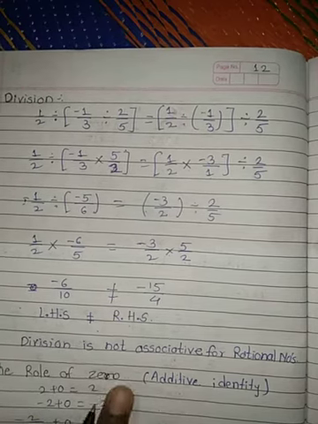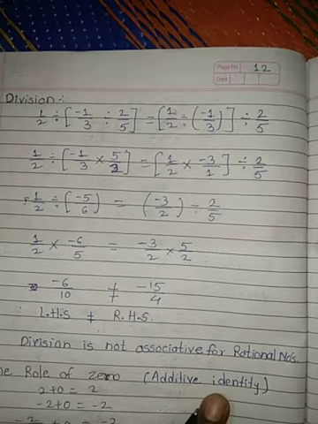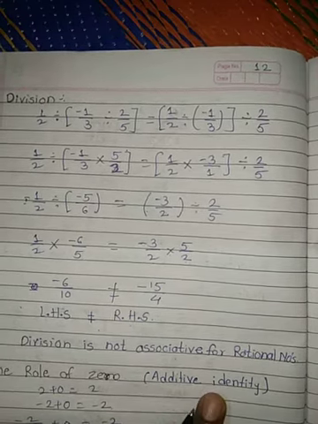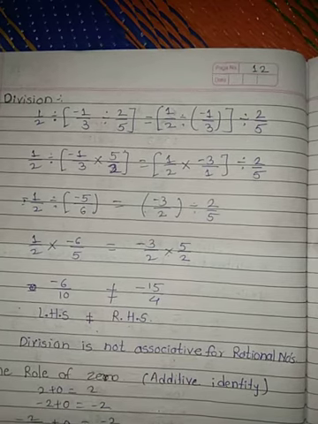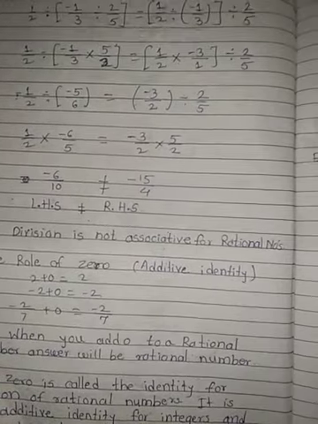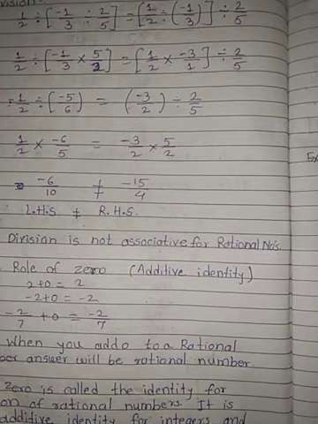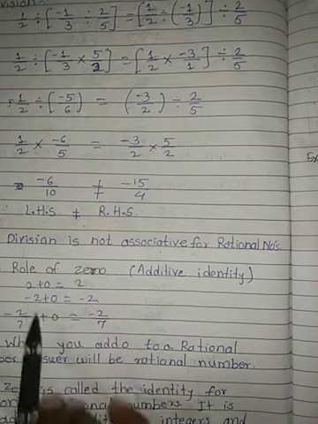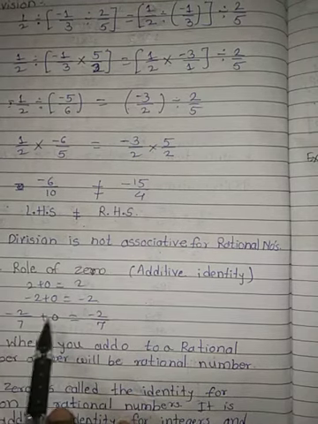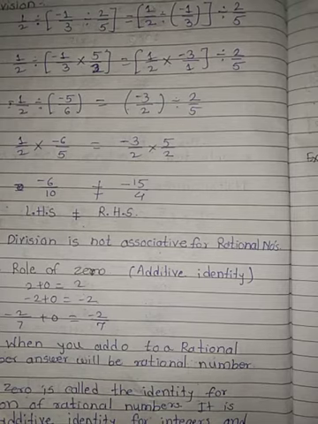Now role of 0. Role of 0 is nothing but additive identity. This already you learned in 7th standard, first chapter. If we are adding 0 to any number, then answer will be the same number. See, this is for integers, this is for rational numbers. So minus 2 by 7 plus 0 is equal to minus 2 by 7.